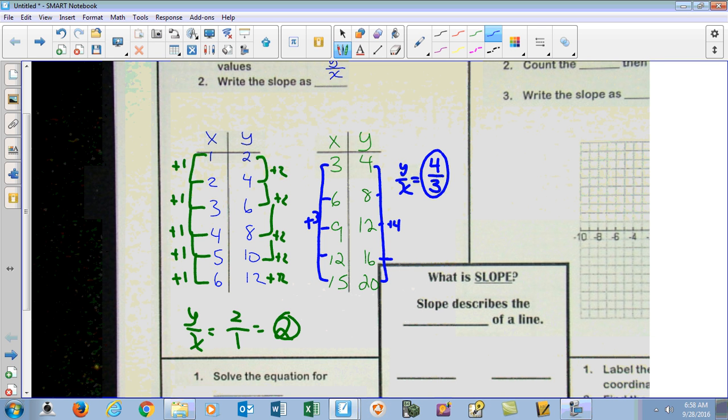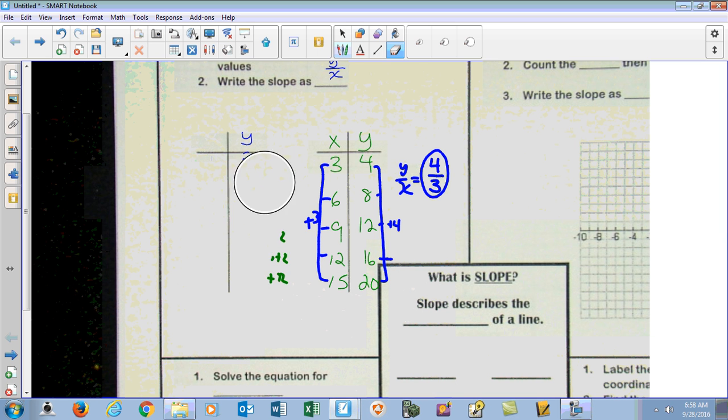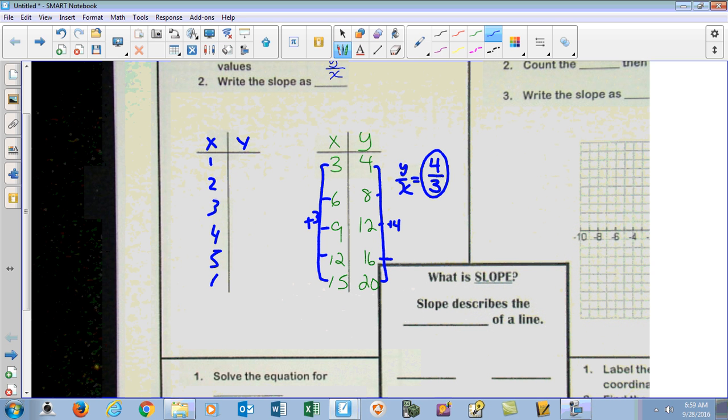And then don't forget too, you can also have a situation, what if I give you something like this? I'm going to erase the first one. You don't have to write this down. If you want, jot this in an open spot somewhere. How would you find that slope?